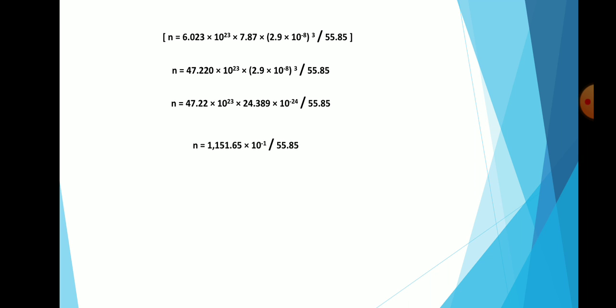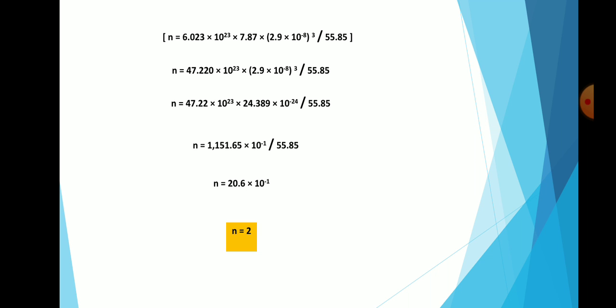So after multiplying the whole value, we get n is equal to 1151.65 into 10 to the power minus 1, divided by 55.85. We get the value n is equal to 20.6 into 10 to the power minus 1. We adjust this minus 1, we get n is equal to 2.06. The approximate value is n is equal to 2.